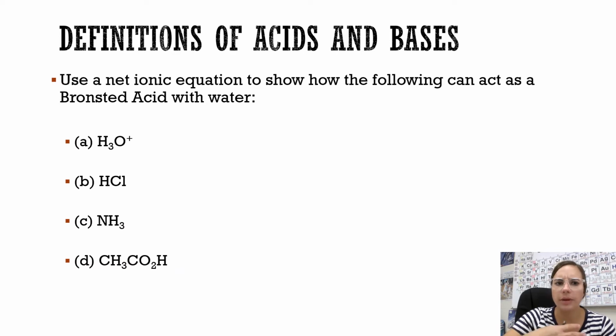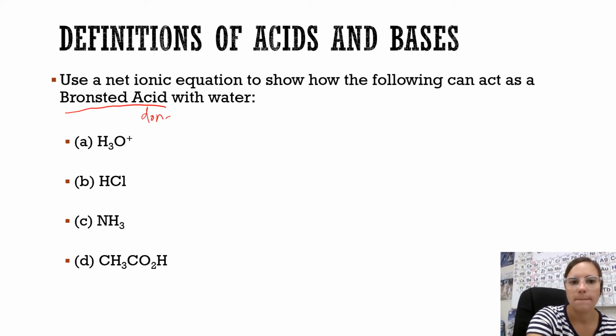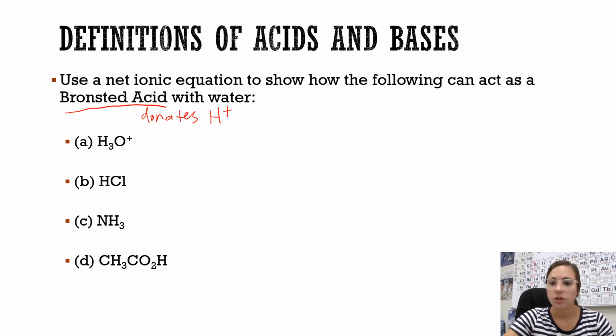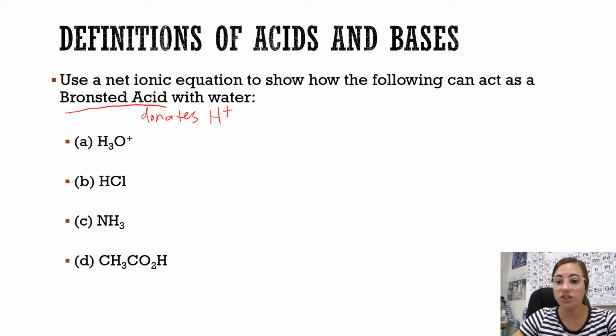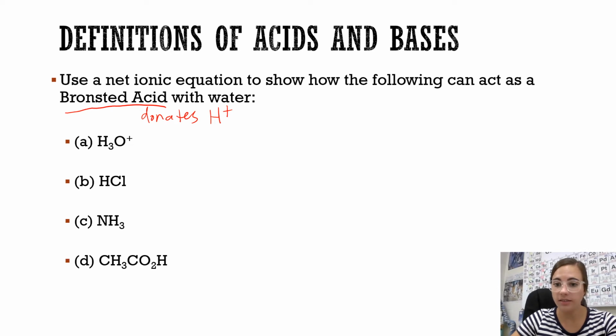Okay, so we talked about how a Bronsted acid donates a proton, donates H plus. So we want to write an equation that shows how each of these can act like a Bronsted acid with water, meaning it can donate a hydrogen to water.